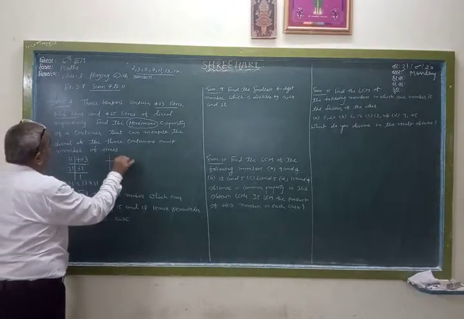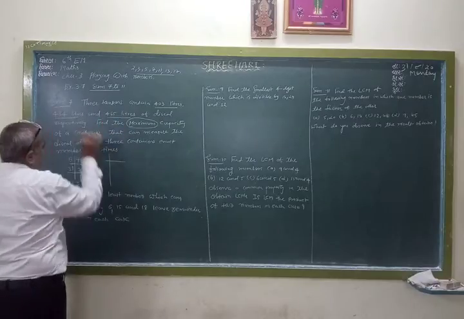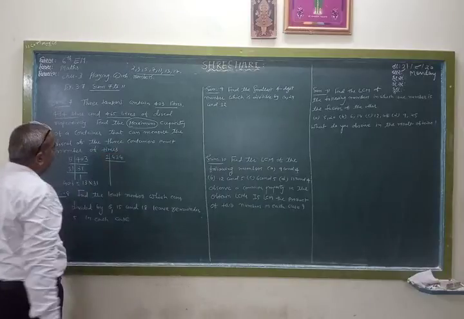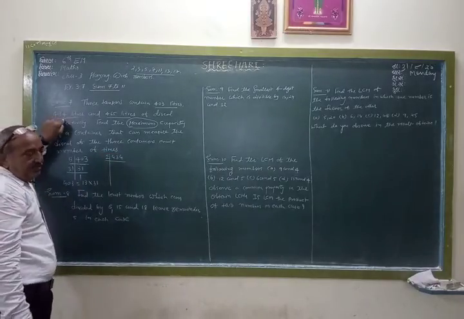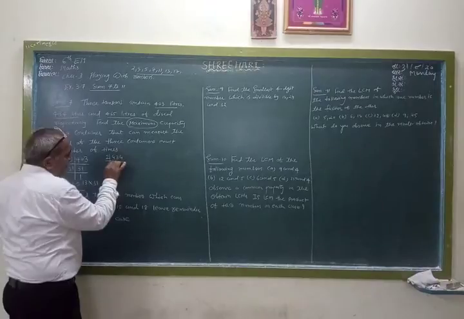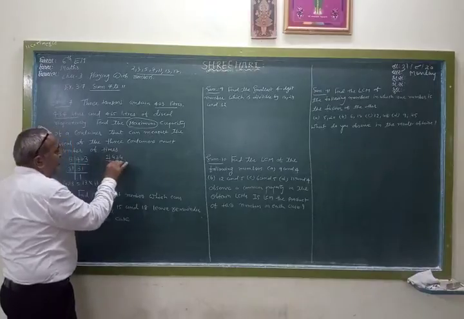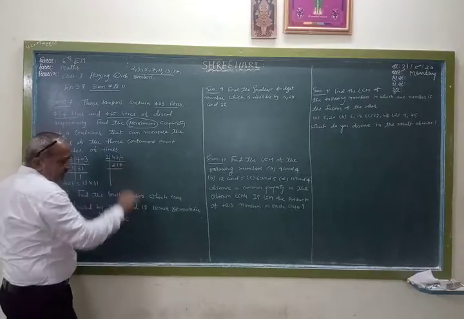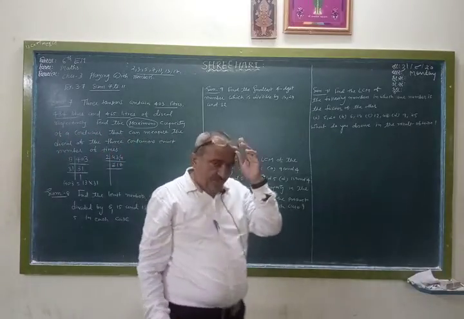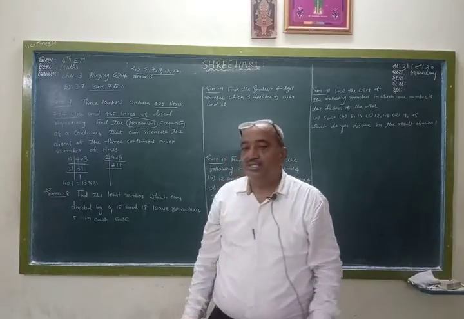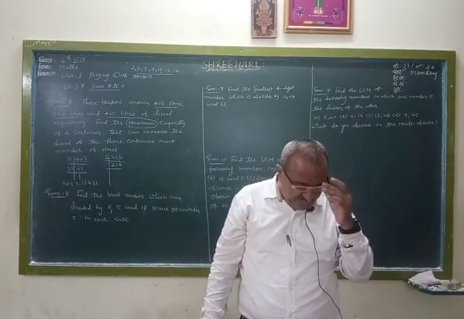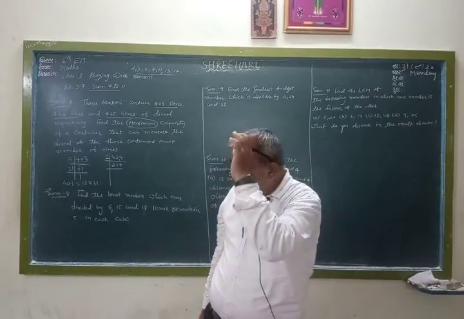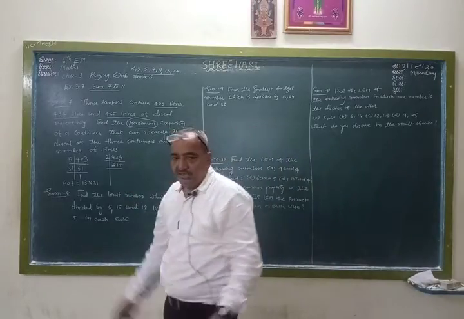Like this, the factors of 434. By 2, because the last unit digit is even. Friends, 2 twos are 4, 2 ones are 2, here 1 remains, here 2 sevens are 14. Now the last unit digit is 7, so we can't divide this number by 2, because the last unit digit is not even.